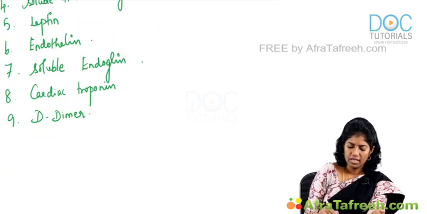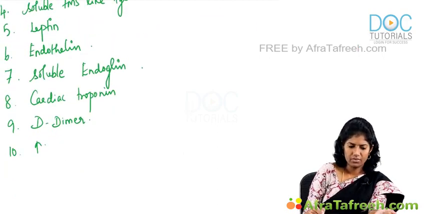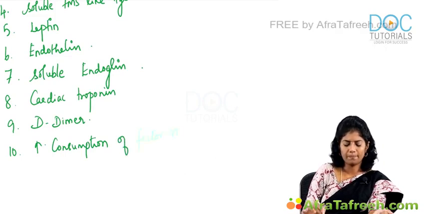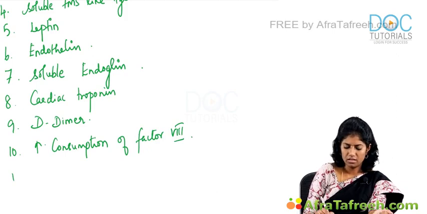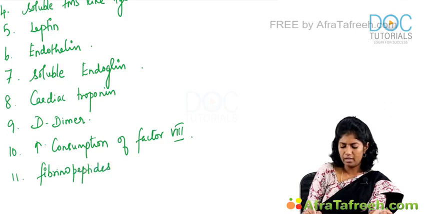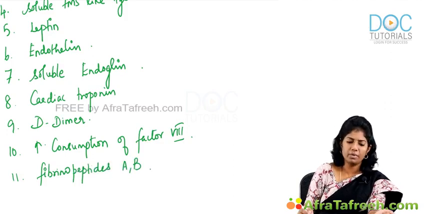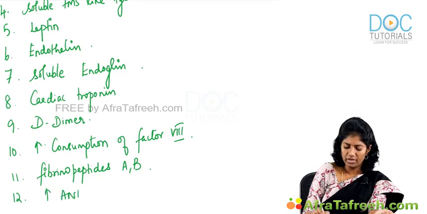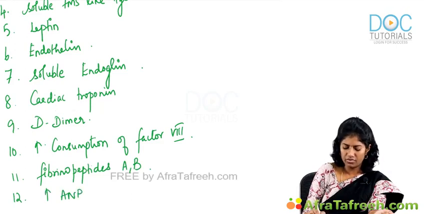Next is increased consumption of factor 8. Next is fibrinopeptides A and B. Increased levels of fibrinopeptides A and B. Next is increased levels of atrial natriuretic peptide and brain natriuretic peptide.